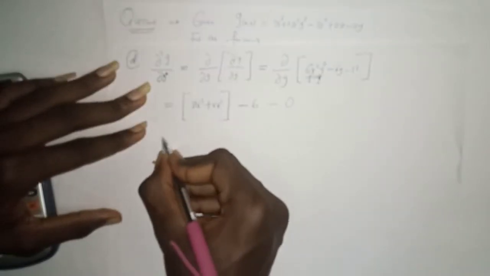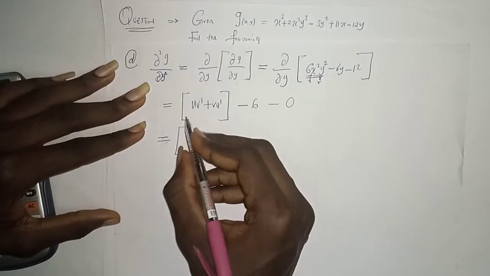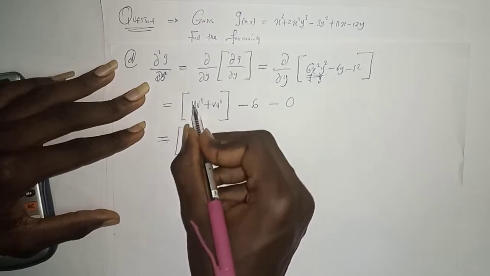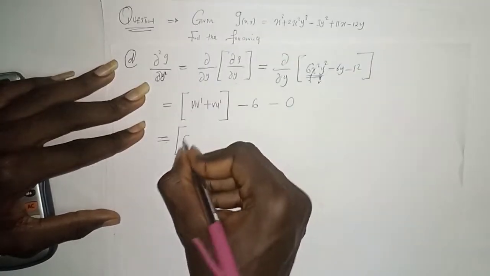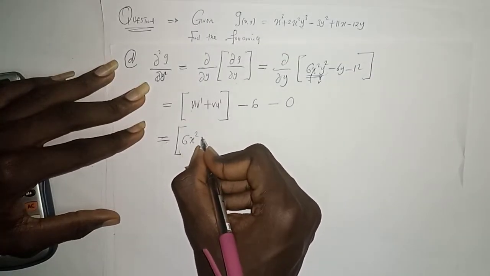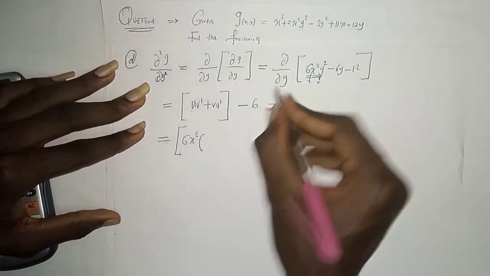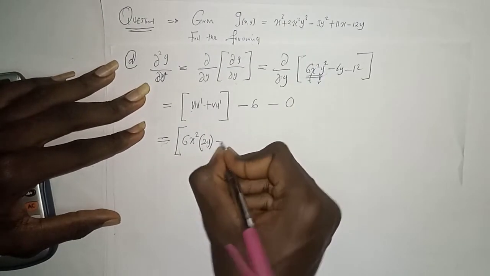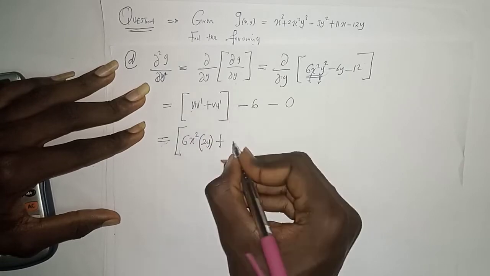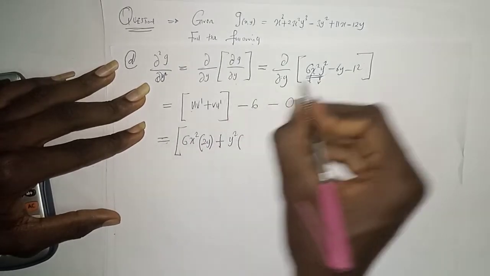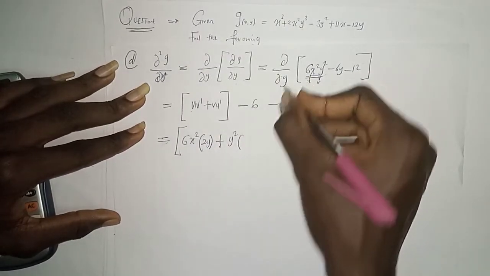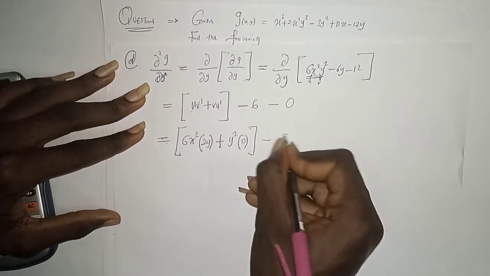So in continuation, we end up having u v prime. The u that I have here from this term is 6x squared. Then v prime is differentiate this y squared with respect to y, and that's 2y, plus this v we have here is already y squared, and u prime means differentiate 6x squared with respect to y, which is not possible. That's 0, minus 6.